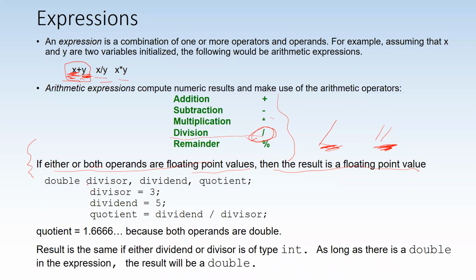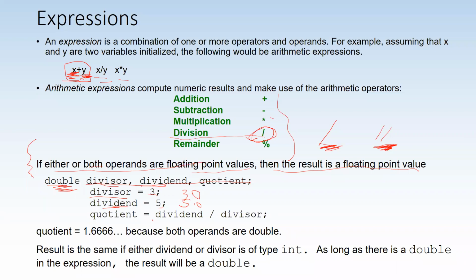Okay, so let's look at this. These 3 are all doubles, right? So this is 3, this is 5. When it assigns it to divisor, now divisor will have the value of 3.0 because it's a double. And this one will have the value of 5.0 because the data type is a double.